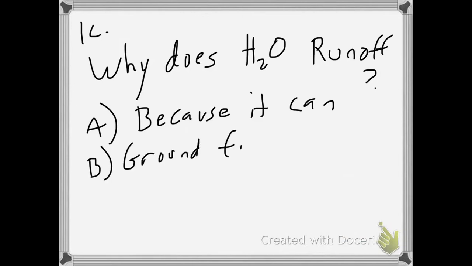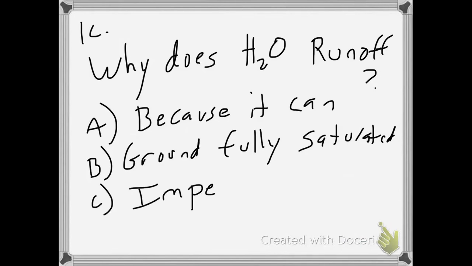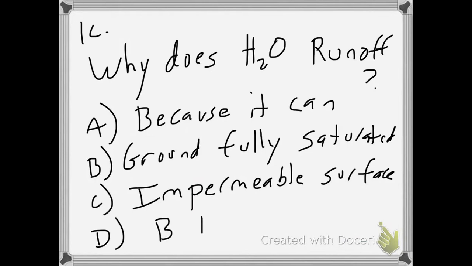Letter B says because the ground is fully saturated with water. So the ground can't hold any more water. Is that why it runs off? Or could it possibly be choice C? Water is trying to flow through an impermeable surface or barrier. Or perhaps it's choice D. That's B and C. So the correct answer, of course, is letter D.